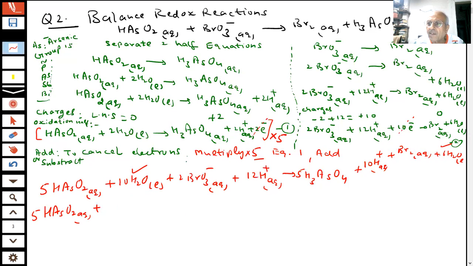Then how much is left? 4H2O liquid. Okay. 2BrO3 minus aqueous. 12H plus on the other side. How much? 10H plus. This is 12H plus, this is 10H plus. So minus this, how much is left? Sorry. 12 minus 10. There is 2H plus.